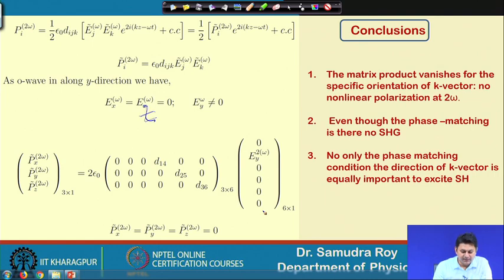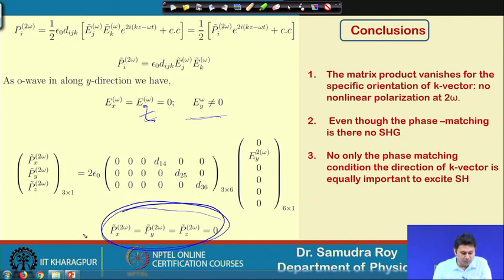Then we find that Ey is my launching wave, the input field is along the y direction, so all the components are 0 here. Phase matching is there, because I am launching the wave vector with an angle theta equal to 41 degrees, but my electric field is such that we are not able to get any polarization out of that.